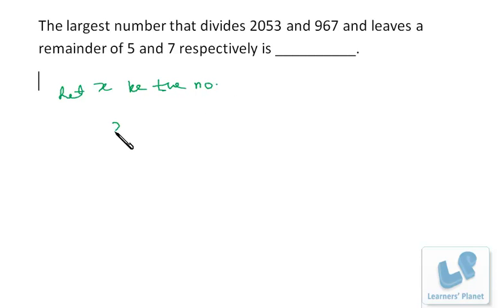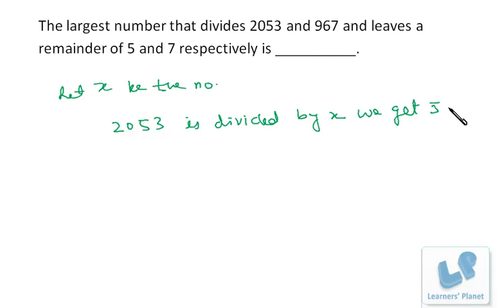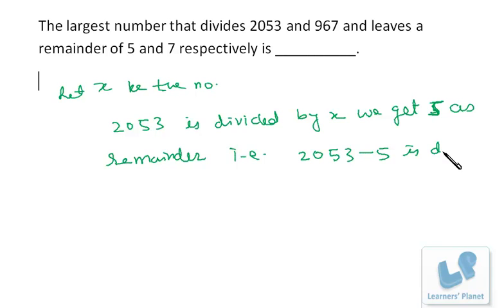So if 2053 is divided by x, we get 5 as remainder, that means 2053 minus 5 is divisible by x.